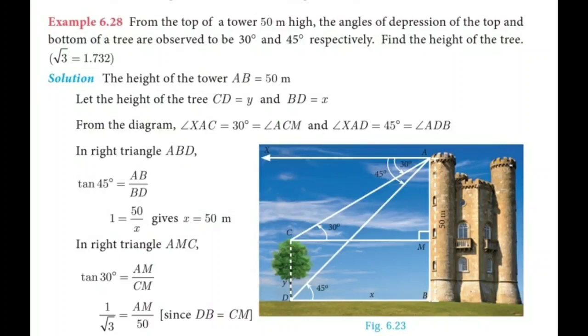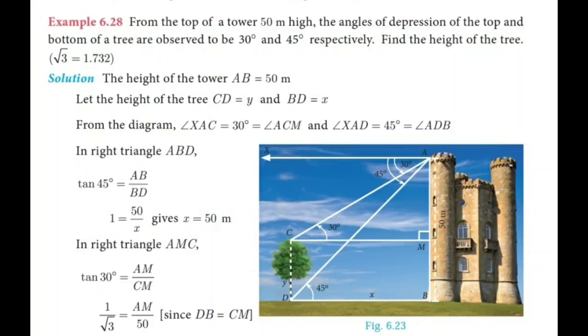From the diagram, angle XAC is equal to 30 degree. Then angle XAC is equal to angle ACM is equal to 30 degree, since alternate interior angles are equal.